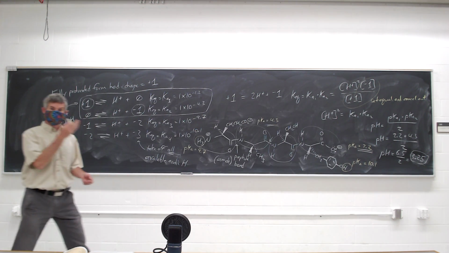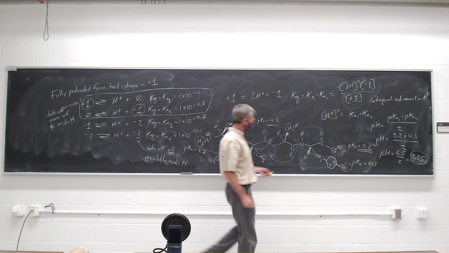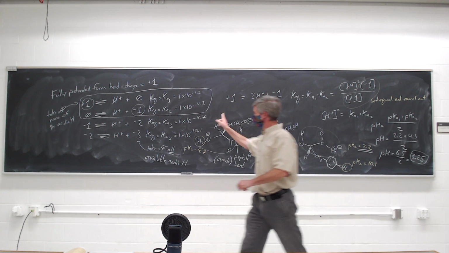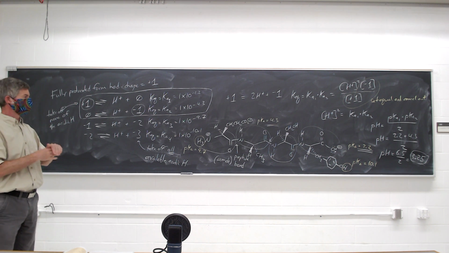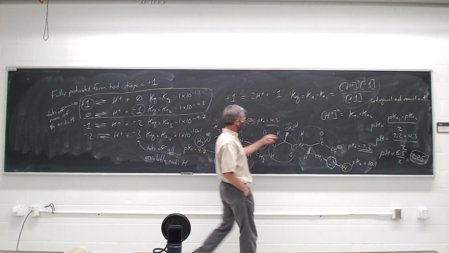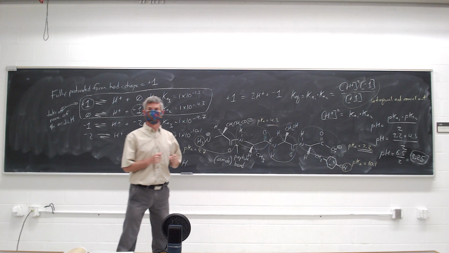So the isoelectric point of this peptide is quite acidic. At a pH of 3.25, this peptide, easy, will not move in an electrical field. It's got two acidic side chains here. One of them quite acidic, the other one not, and it has no basic side chains.